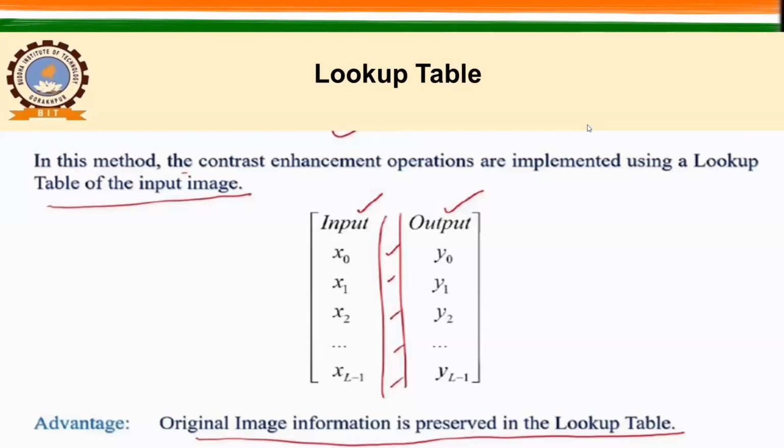In this method, the contrast enhancement operations are implemented using the lookup table of the input image. The advantage is that original image information is preserved in the lookup table. Here you can see that input and output values are saved, and in between you have your method.